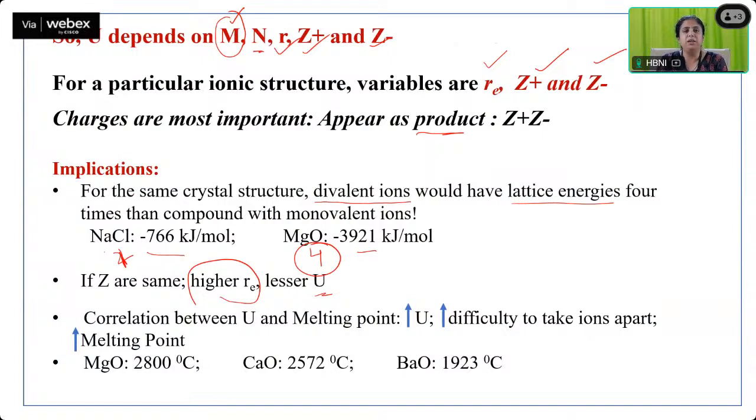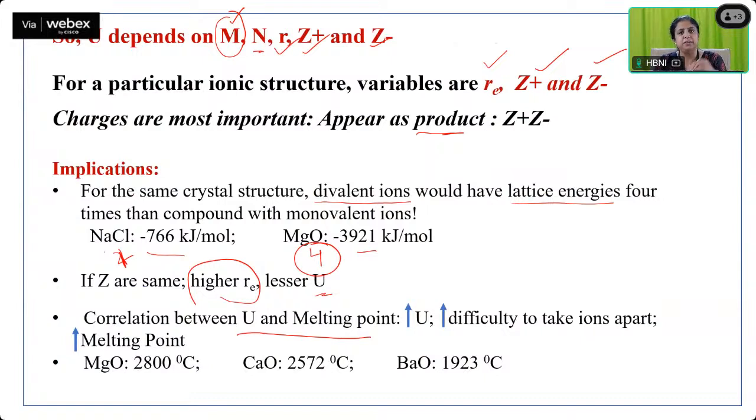Now here I have not kept the lattice energy values deliberately and have kept the melting point, to make you understand the correlation between lattice energy and melting point. What is the lattice energy? The energy that holds it together. And melting point is the temperature at which it melts, the ions or the atoms move apart.